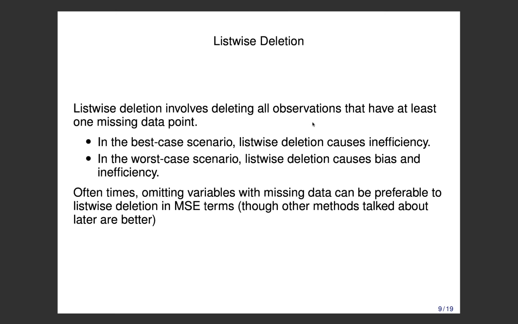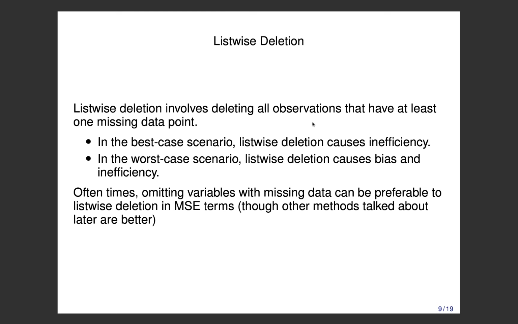So just to give you a sense of why listwise deletion is bad, listwise deletion involves deleting all observations that have at least one missing data point. So in the best case scenario, listwise deletion causes inefficiency because we lose observations. And in the worst case scenario, it can cause bias and inefficiency.